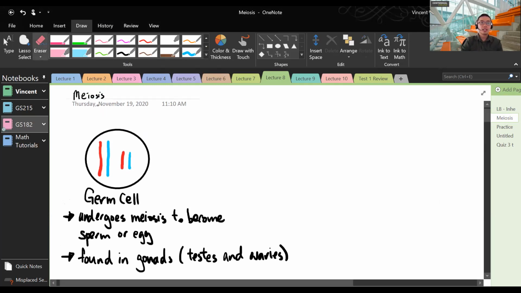But to not confuse ourselves, I'm just going to show 4 chromosomes here. This is going to be a diploid cell, 2 sets of chromosomes, which means 2n. Over here we have 4 chromosomes in total. I'll give you a moment to catch up.